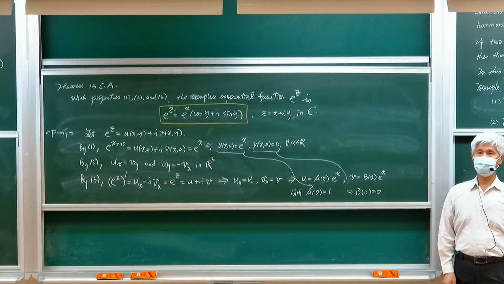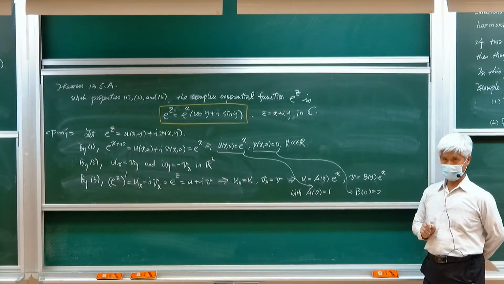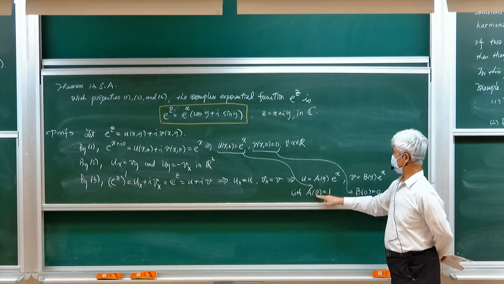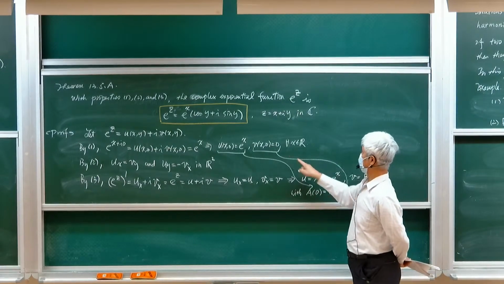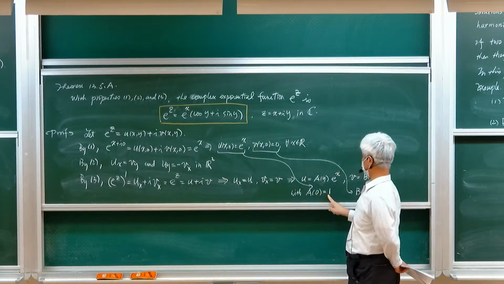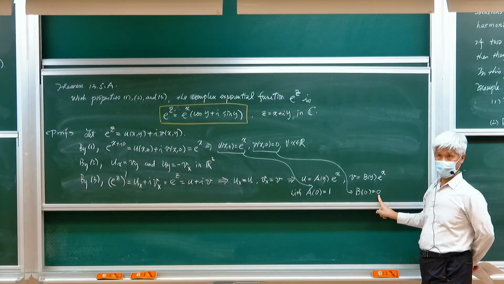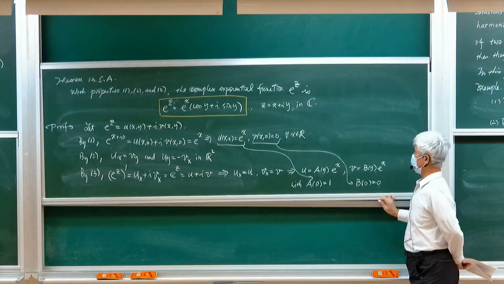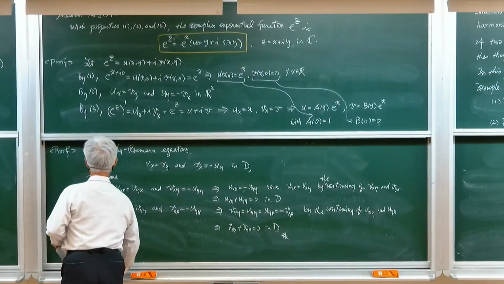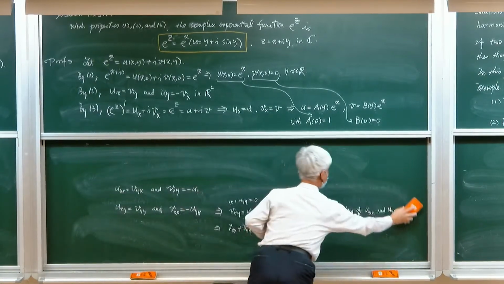So these two provide some boundary special values. A(0) is 1 when y equals 0, and from here, B(0) is 0. Now A and B can be obtained in the following way.